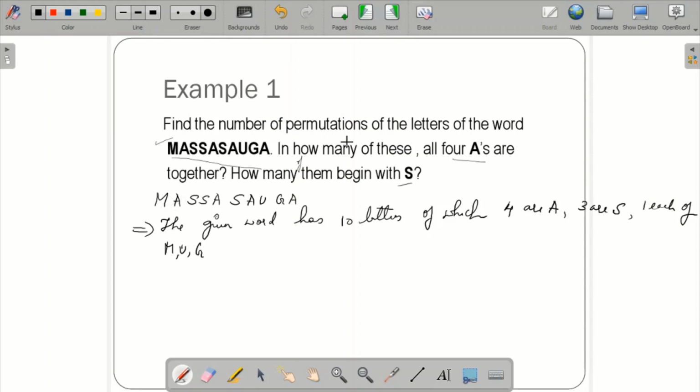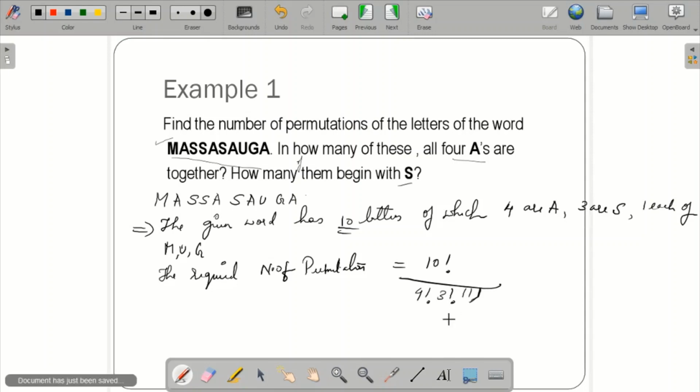Find the number of permutations of the letters of the word. This word contains 10 letters. So the required number of permutations is equal to 10 factorial divided by the repetitions: 4 are A, so 4 factorial, 3 factorial for S, and 1 each of M, U, G, so 1 factorial, 1 factorial, 1 factorial.